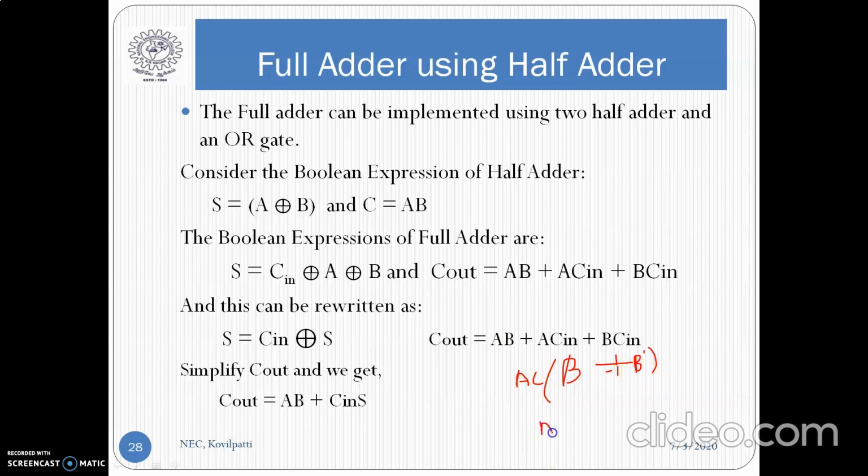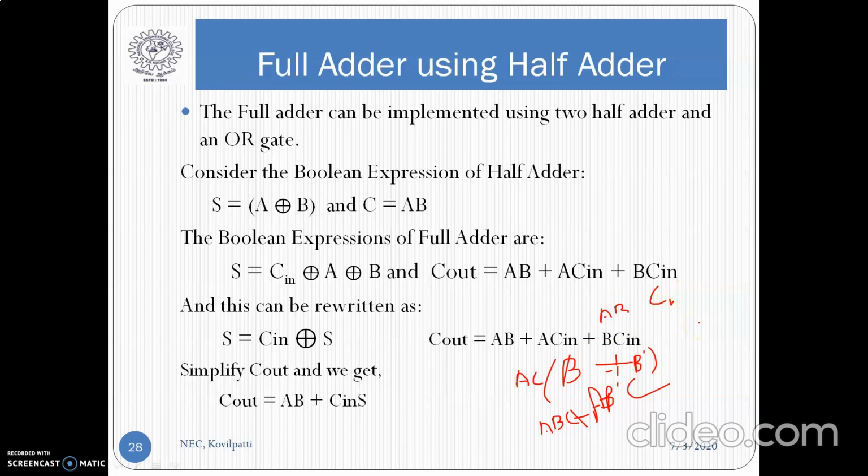So ABC plus AB dash C we get. And again in this term, if we add A plus A dash, we get ABC plus A dash BC, right?